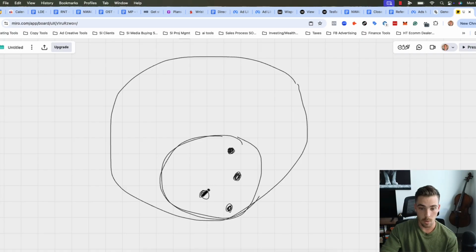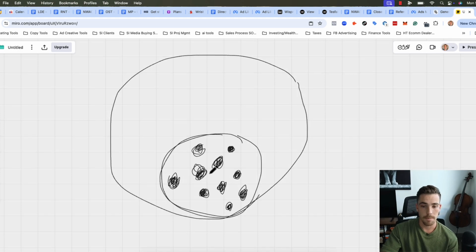You're covering much more of the board in comparison, because you have many more ad creatives out there that resonate with different pockets of the audience. Obviously, this is at much higher levels of spend. Okay, so I hope this makes sense.